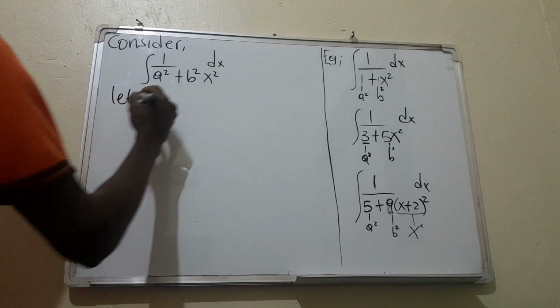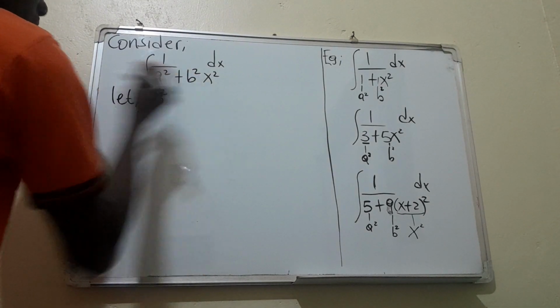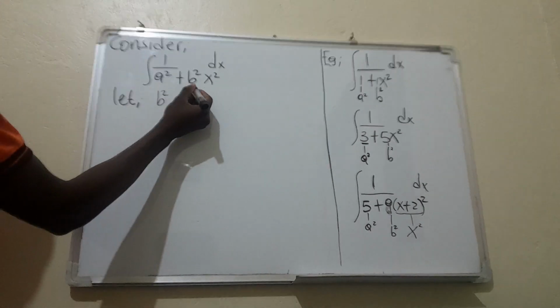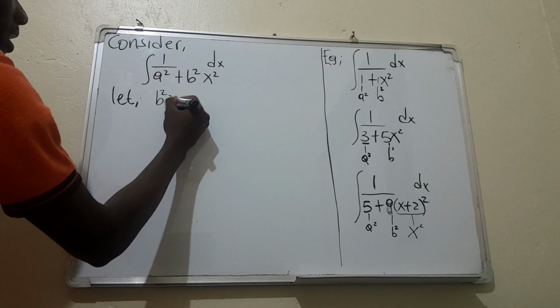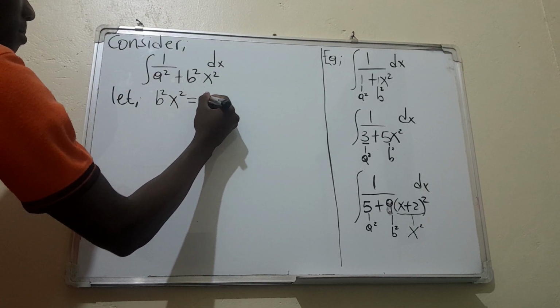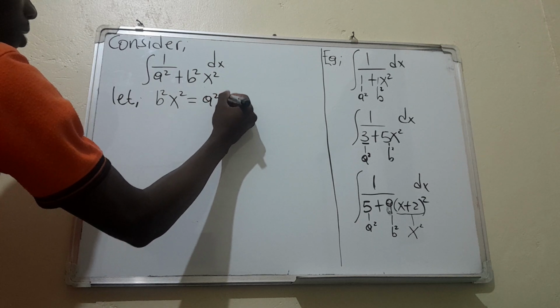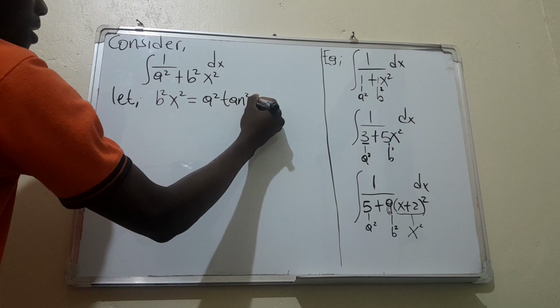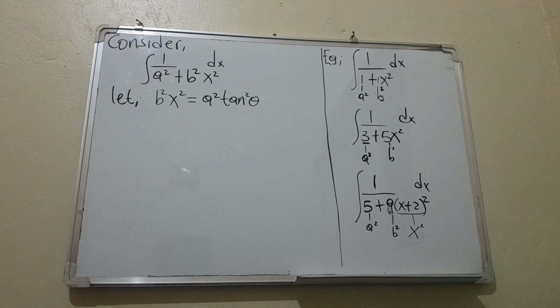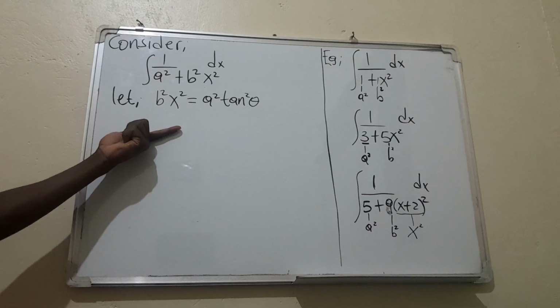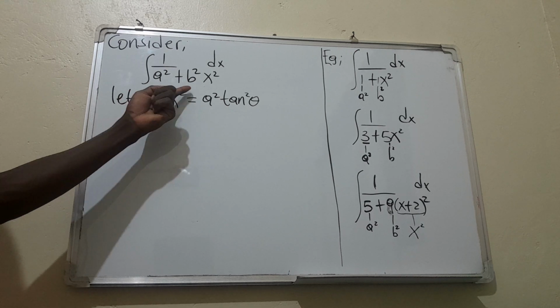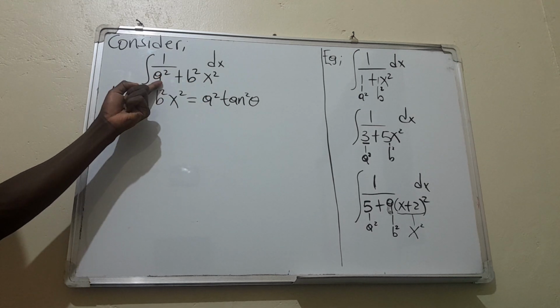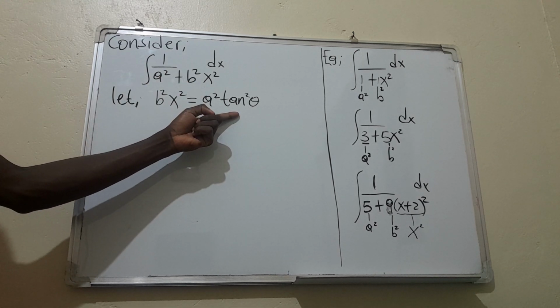You let b squared x squared be equal to a squared multiplied with tan squared theta. Let the term here be the term here multiplied with tan squared theta.